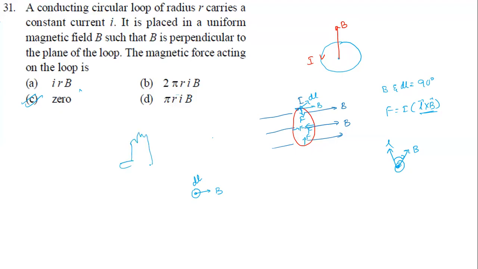Now bend these fingers from DL to the B side. Then the force you get is downward, along the thumb. If you add them vectorially, you get 0 force. Is that clear?